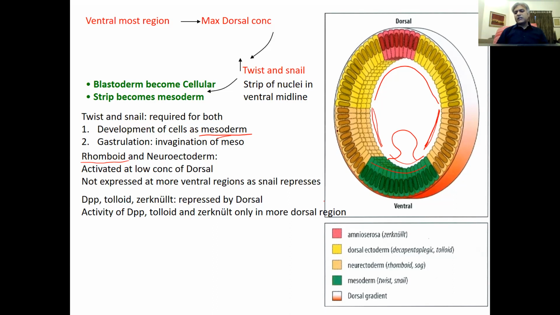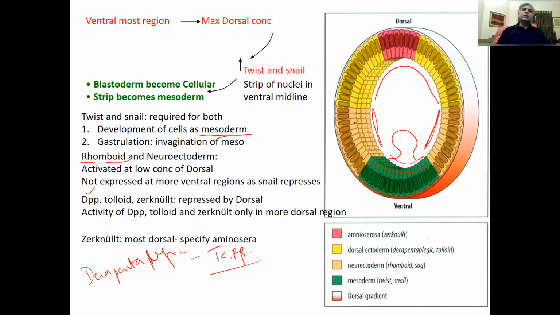So on the dorsal side, we have a different set of genes called DPP, which is also known as decapentaplegic. It's a TGF beta homolog in flies.